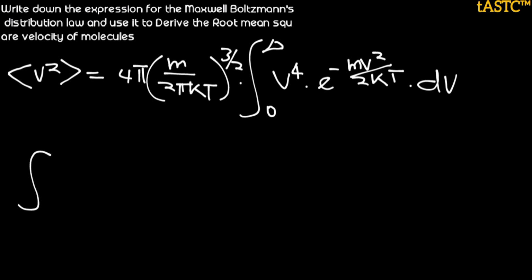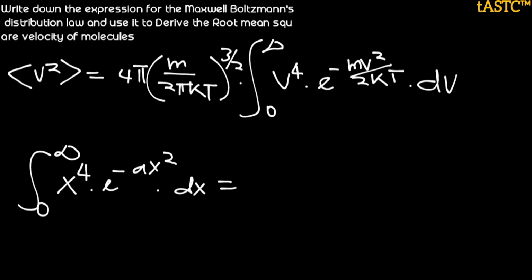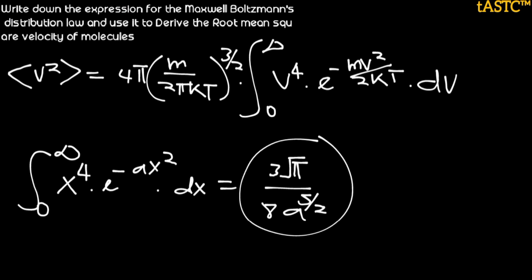If you got the integral from 0 to infinity of x to the 4th e to the negative a multiplied by x to the 2nd power, with respect to x, so that should be dx, the answer to this integral is going to be 3 root pi divided by 8 a to the power of 5/2. This is going to be the answer.